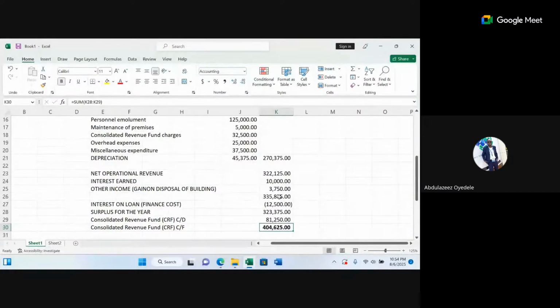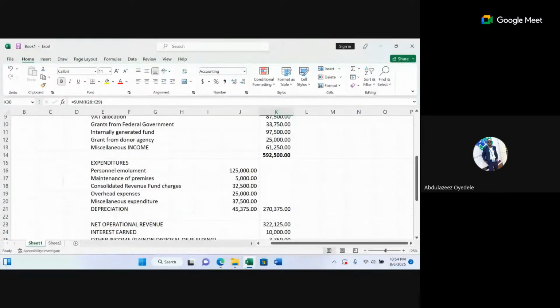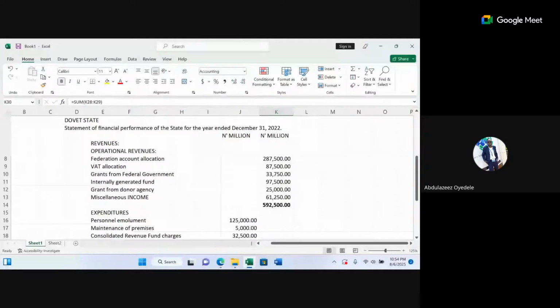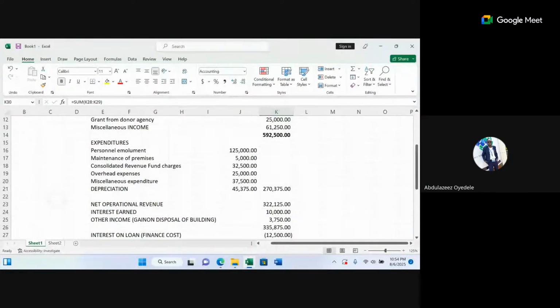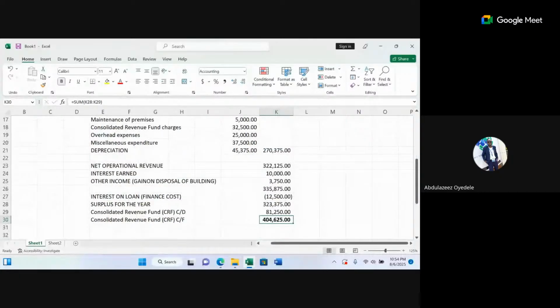So this is the end of the statement of financial performance. So we have been able to identify all the revenues, we subtracted the expenditures, and then we got our surplus for the year, which we now add to the balance that we have already before.